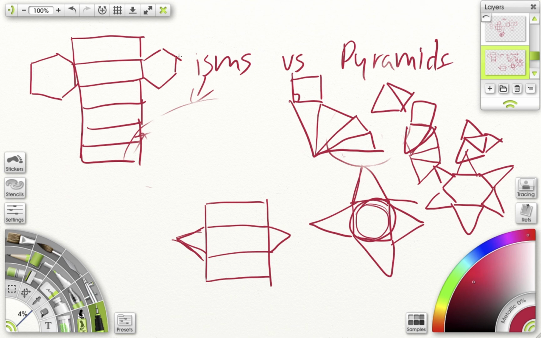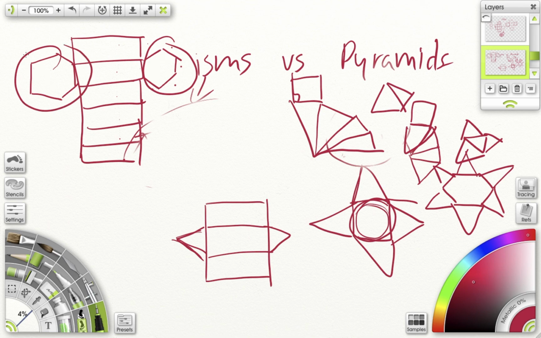There we go. This would create a hexagon prism. And the reason we know this is because we have 1, 2, 3, 4, 5, 6 rectangles that go around 1, 2, 3, 4, 5, 6 sides. So usually there's the same amount of rectangles as there are sides of one of these shapes. So a hexagon has 6 sides, it needs 6 rectangles. And there's 2 hexagons.